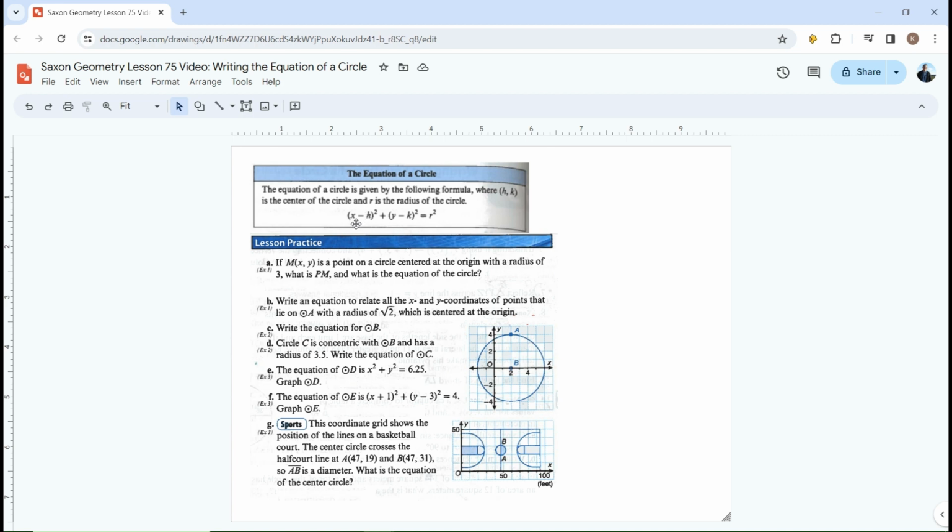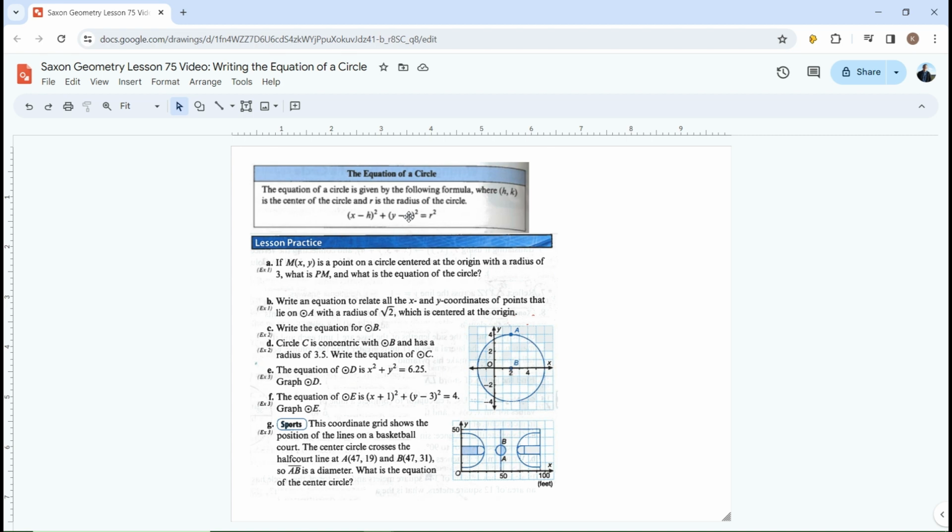Okay? We're going to add in these extra dimensions here. So we're going to say x minus h and y minus k, because h and k are going to shift the circle on the coordinate plane horizontally for h and vertically for k. Now notice that the natural state of the equation is x minus h.